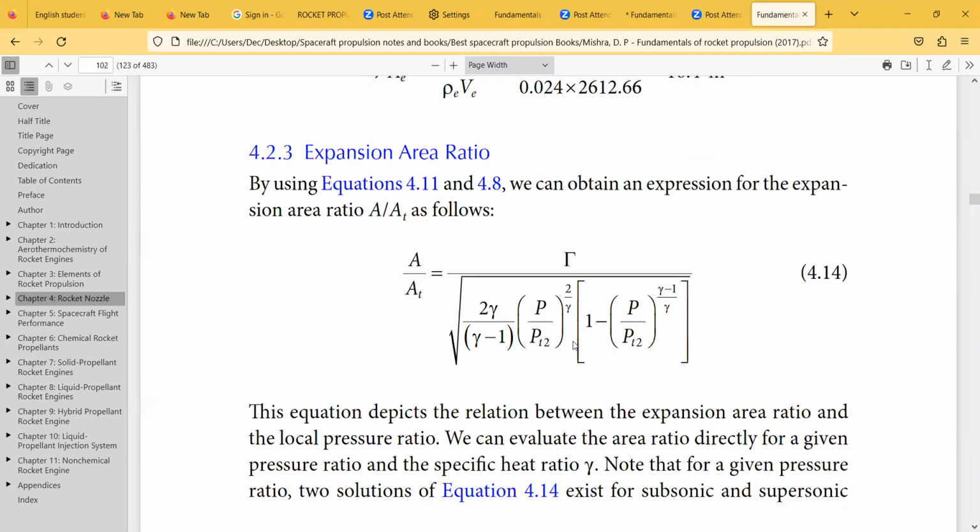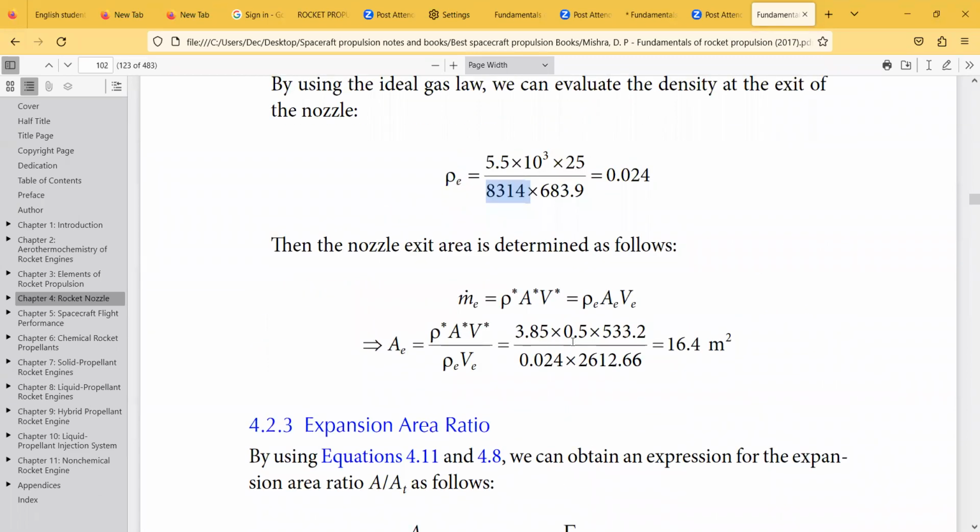Then after that, where can we go? We can go for the nozzle exit area. The nozzle exit area can be obtained from the conservation of mass formula. If the mass is conserved, that means the throat rho A V equals the exit rho A V. If we consider some specific location with full information, then we can use that.